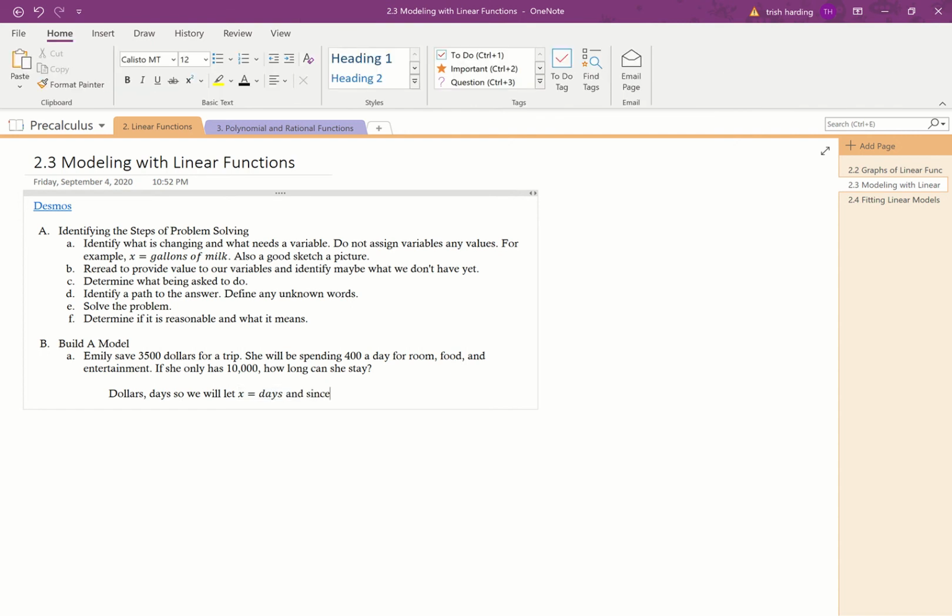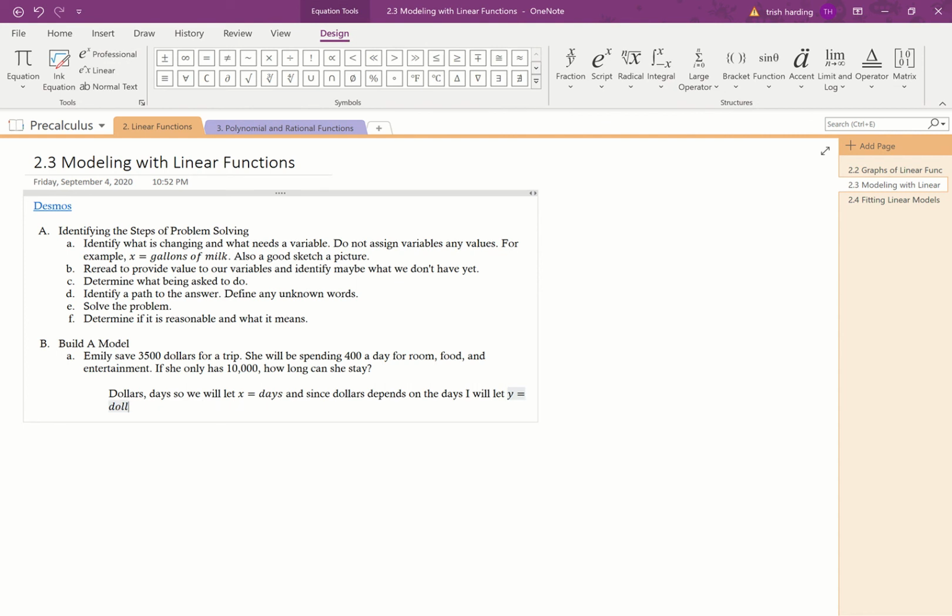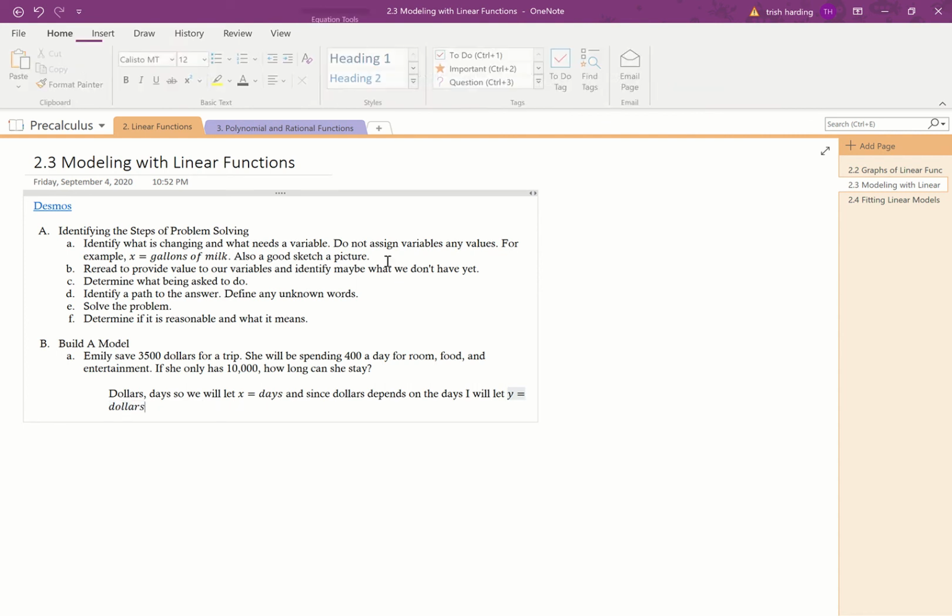And since the dollars depend on the days, I will let Y equal dollars. Now we're going to reread, provide variables for our values, and maybe identify what we still need.